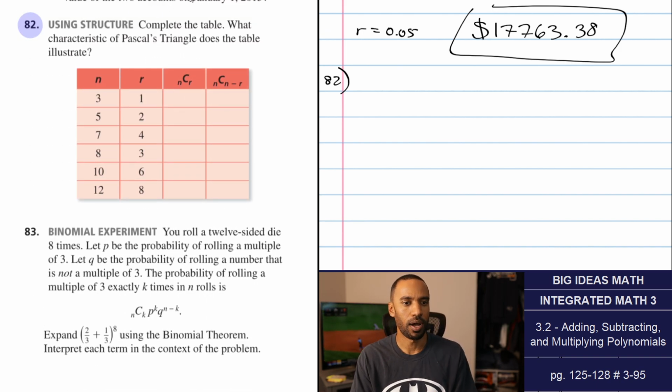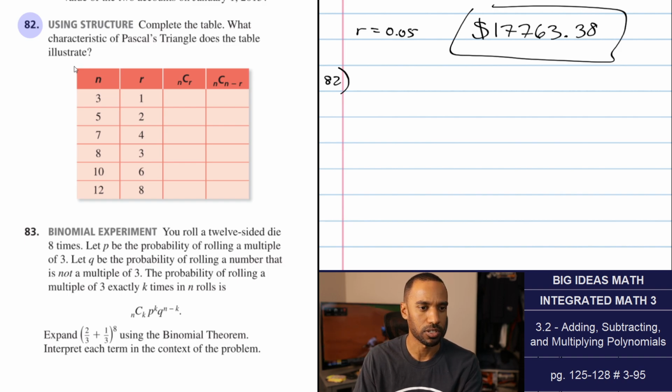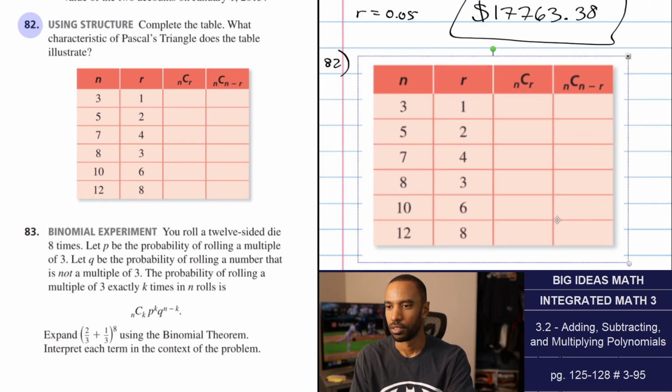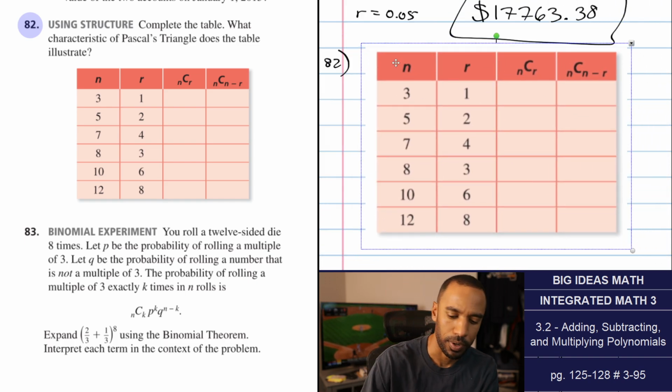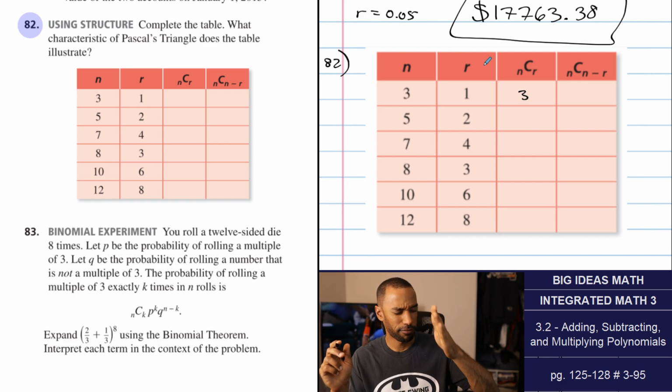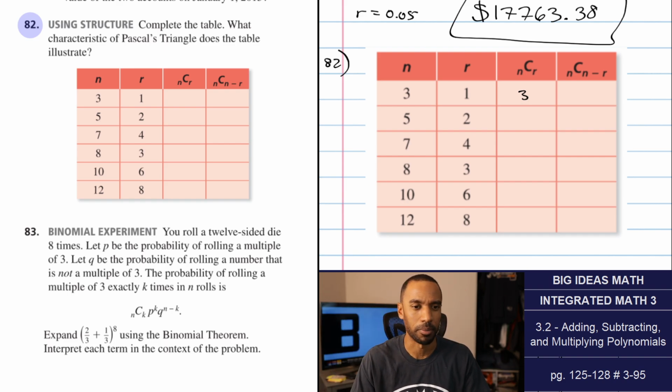Complete the table. What characteristic of Pascal's triangle does the table illustrate? I don't know yet. 3 choose 1 I know is 3. I wish I knew some of these. 5 choose 2, let's see. I don't remember. I'm going to pull up Pascal's triangle, guys.